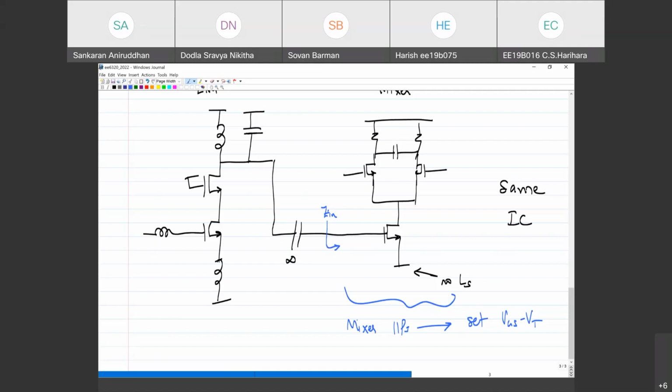Omega T LS. I mean, sorry. Basically, you get a response that is omega t by omega times whatever you have, right? So if you have resistive degeneration, what will you see at the gate? Omega t by omega times R. Isn't it?